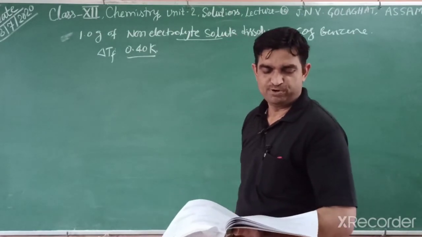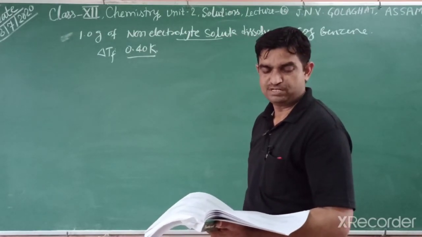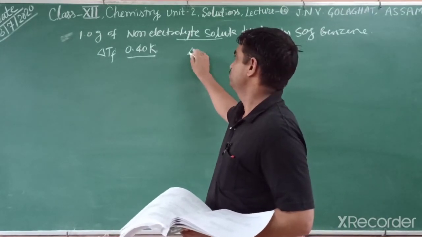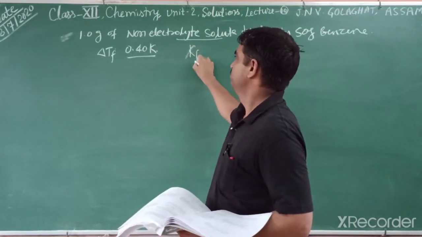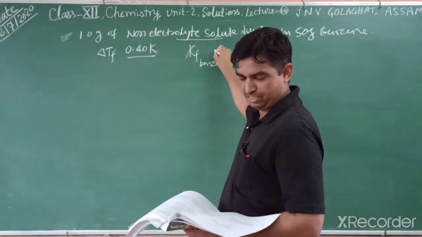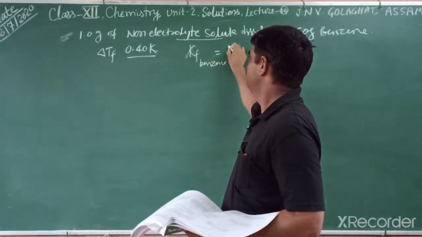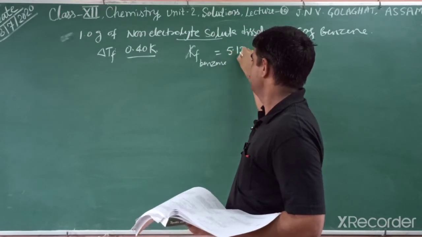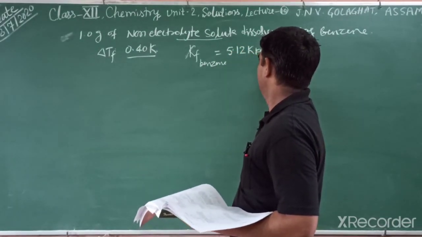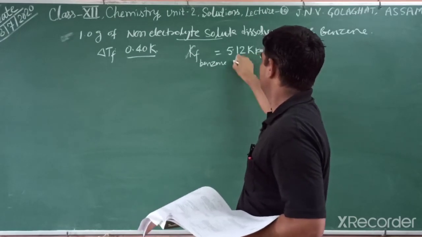The freezing point depression constant, Kf, of benzene is given as 5.12 Kelvin kilogram mole inverse.